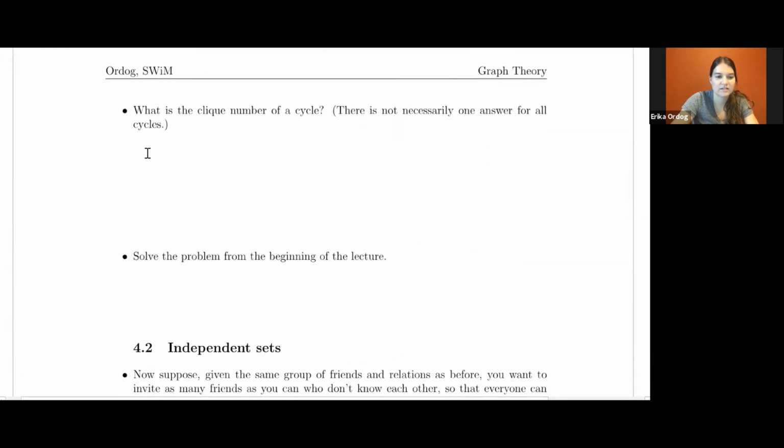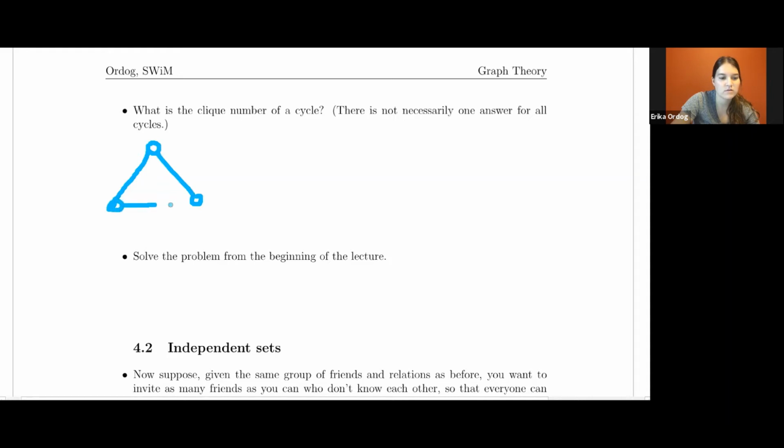All right, so now what is the clique number of a cycle? And note there's not necessarily one answer for all cycles. So why don't you pause and think about that now? Okay, welcome back. So what's the clique number for a cycle? Remember a cycle is a closed path. So we can start with a cycle of length 3.